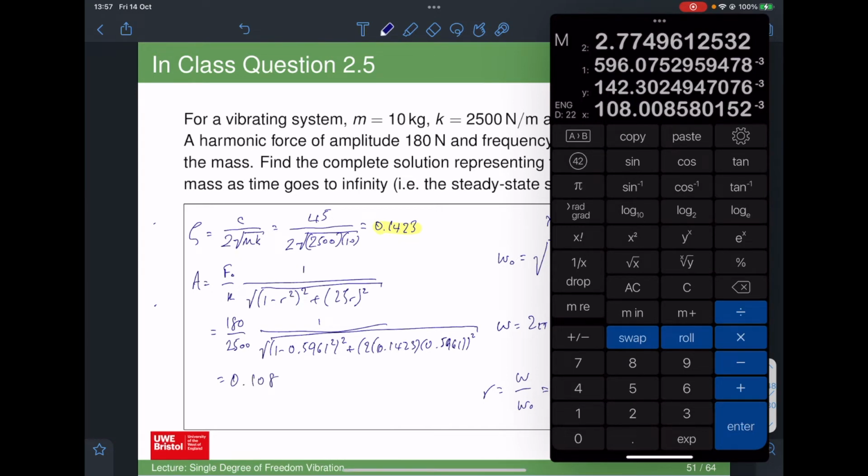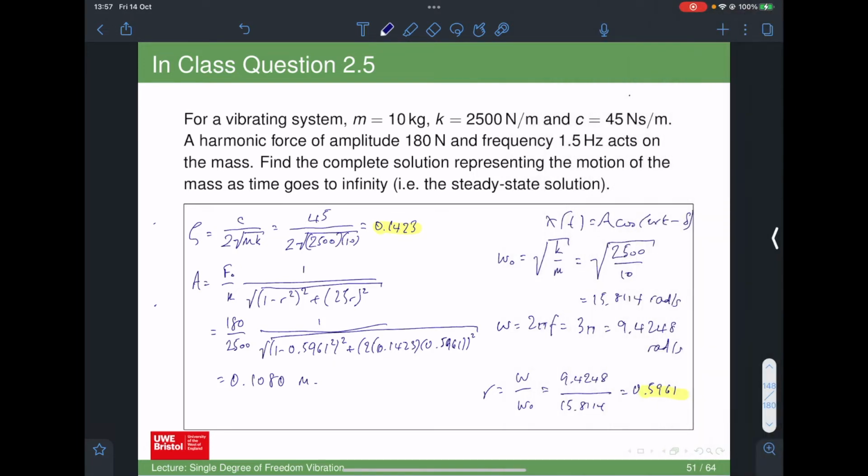I haven't rounded at all. So 0.108 is for the value of A. Delta. Yeah, you've got 7. I'm sure that would just square root.